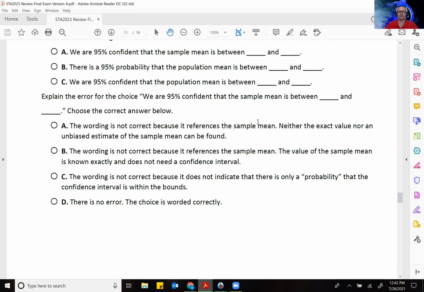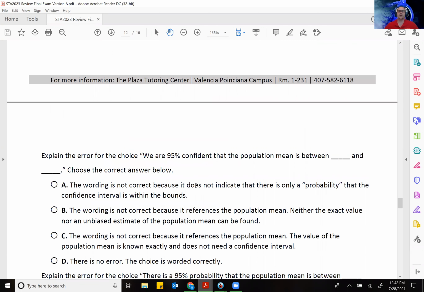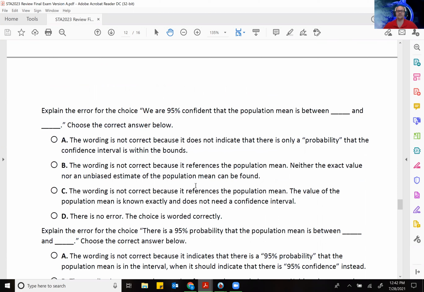It is B. The wording is incorrect because it talks about a sample mean. When we create this interval, it's not about the sample mean. It's all about the population mean. Plus, we already know what the sample mean is. Next: we are 95% confident that the population mean is between blank and blank.